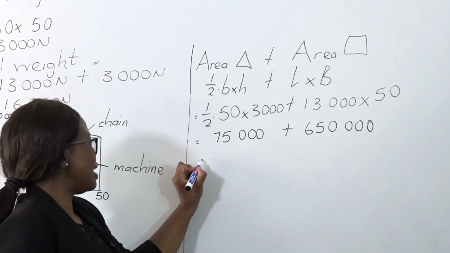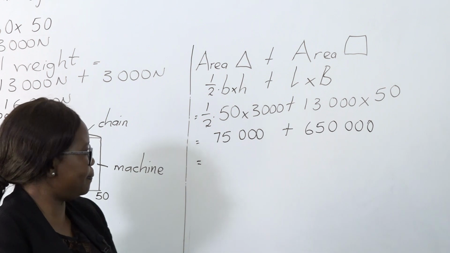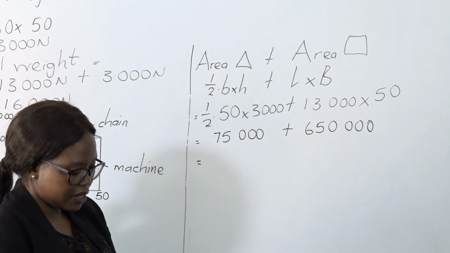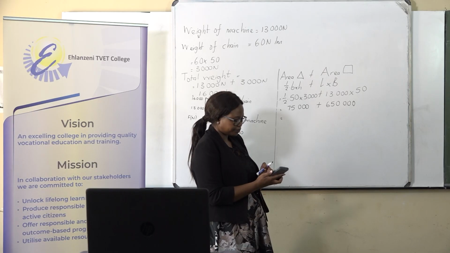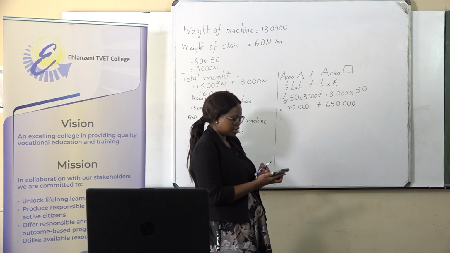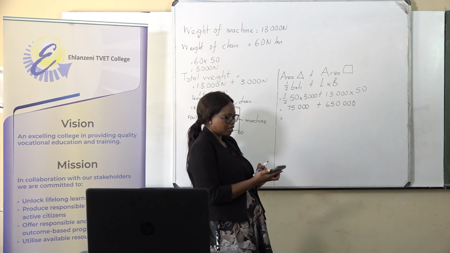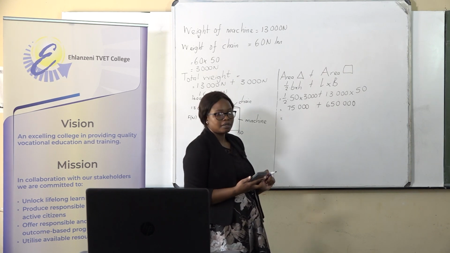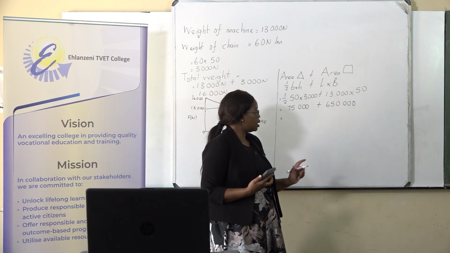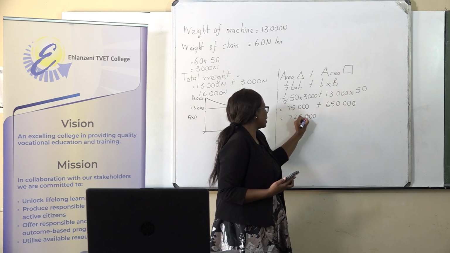Right, let's add 650,000 plus 75,000. What do we get? 650,000 plus 75,000. I got 725,000.